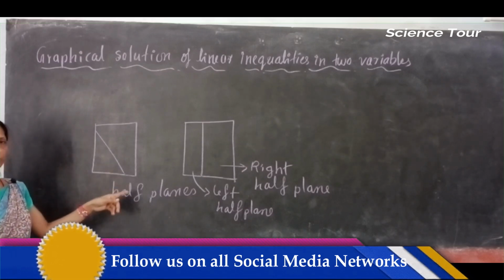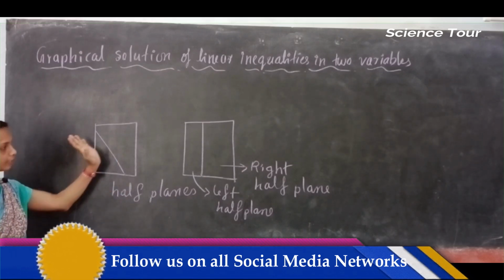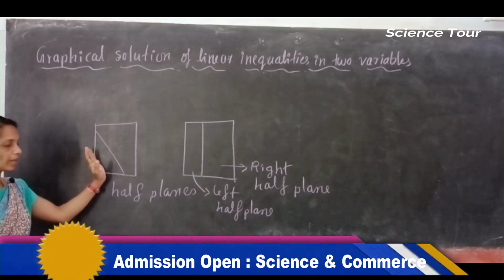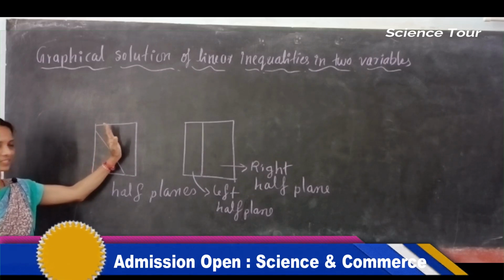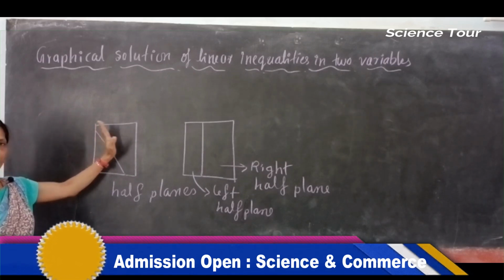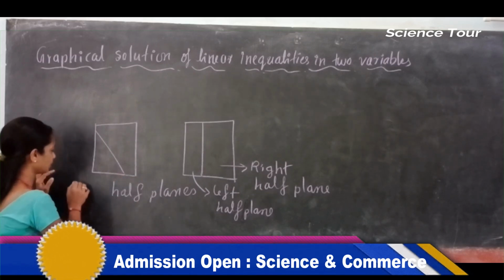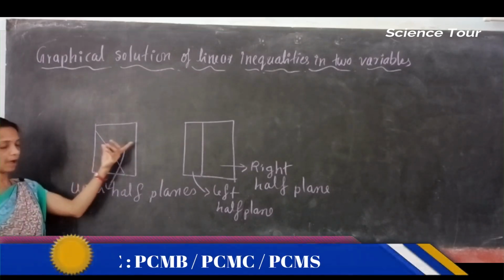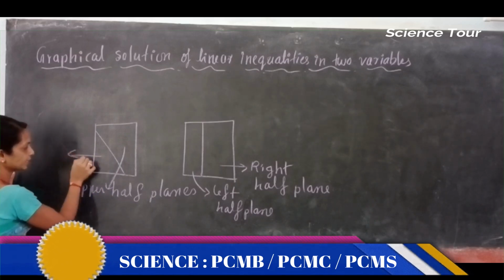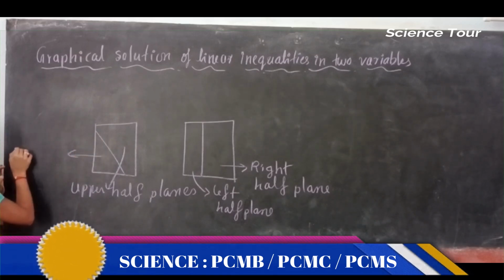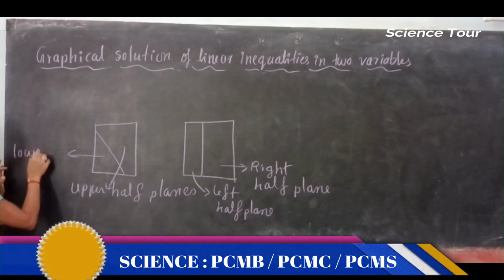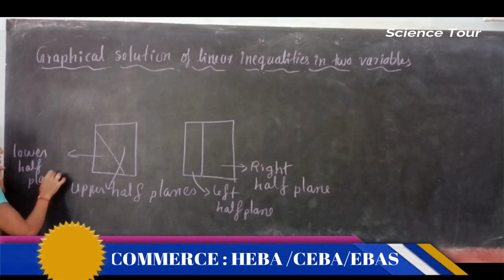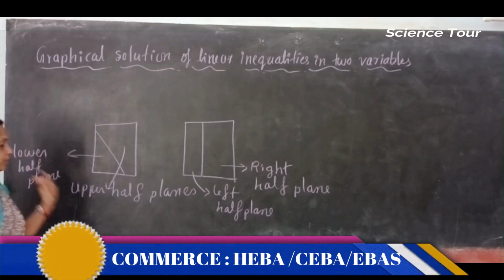And suppose you draw a non-vertical line like this, then you have an upper side part and a lower side part, right? The upper side is called the upper half plane, and the lower side is called the lower half plane.